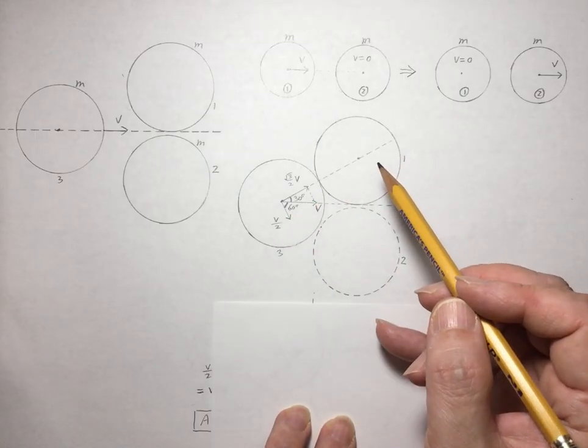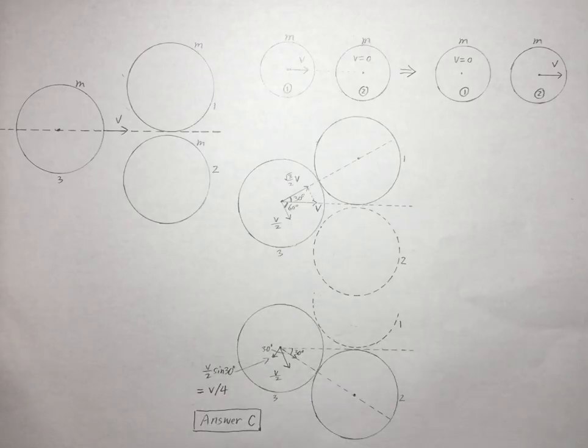Now let's look at the second collision between disk 3 and disk 2. As we mentioned a moment ago, that's the remaining speed of disk 3, v over 2. Again, based on the tip here, the speed component that is along the direction between the two centers will pass from disk 3 to disk 2.